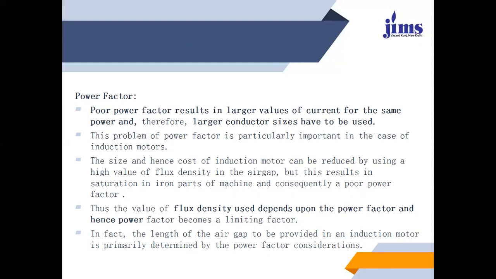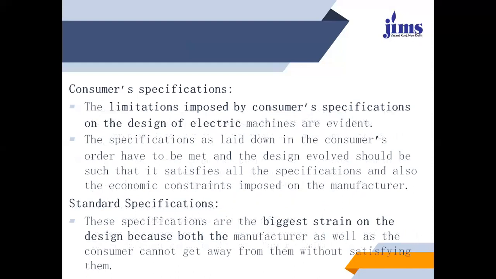In fact, the length of the air gap to be provided in an induction motor is primarily determined by power factor consideration. Consumer's specifications are important parameters here, because the consumers are the buyers of the machine. So whenever we make a machine, that machine must be compatible with the consumer.